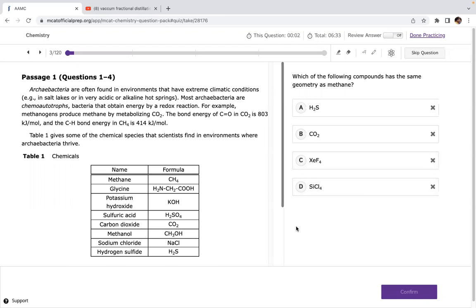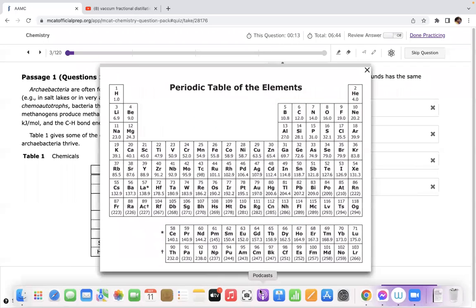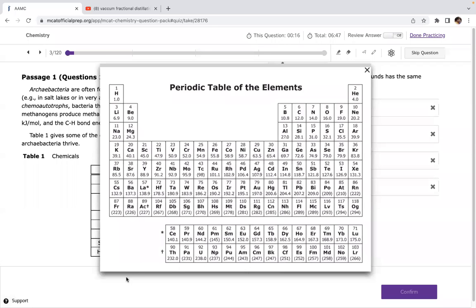Okay, now the next question is which of the following compounds has the same geometry as methane? So if you have a bit of an idea about the periodic table, you can see here the question is about methane. So the basic element of methane is carbon. Look at this carbon and look at the elements present in the same group. Silicon we have, germanium we have. So what does it mean?